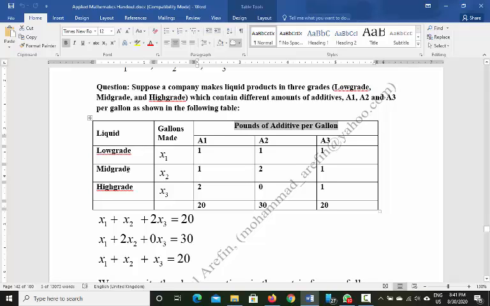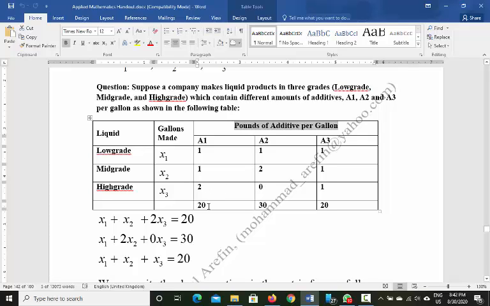In every gallon of mid-grade liquid, 1 pound of A1 additive, 2 pounds of A2 additive, and 1 pound of A3 additive is there. In every gallon of high-grade liquid, 2 pounds of A1 additive and 1 pound of A3 additive is there, but A2 additive is not there.